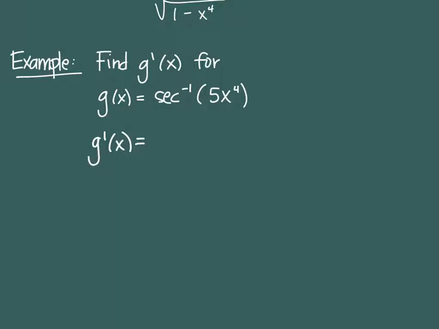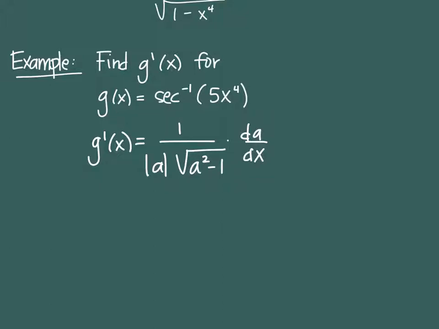So the g prime rule, because it's a secant, is +1 over the square root of a squared minus 1 in the opposite order, the absolute value of a out front, and dA dx as my chain rule. So just for practice, getting used to what that is.